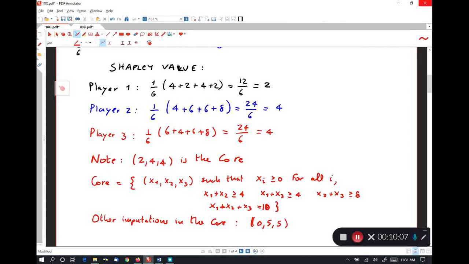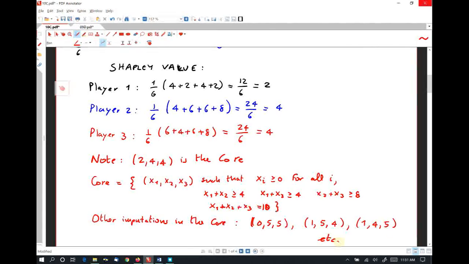Player 1 gets nothing. Or 1, 5, 4, or 1, 4, 5, etc. So there are many imputations in the core. Only one is the Shapley value. So this is one example where the Shapley value is in the core, but we saw that in general this is not the case.